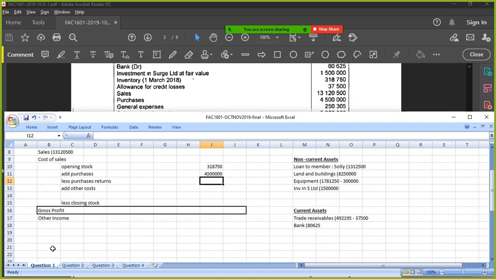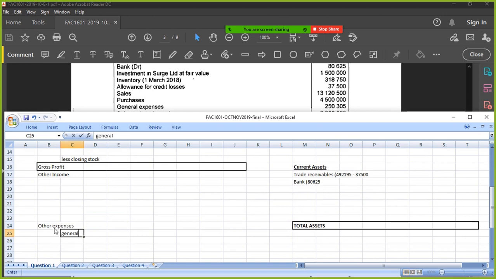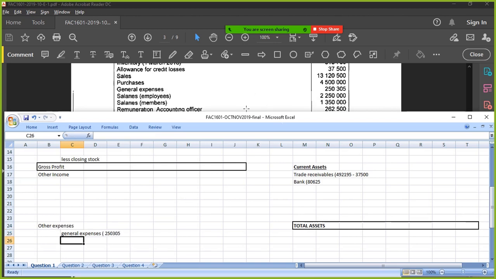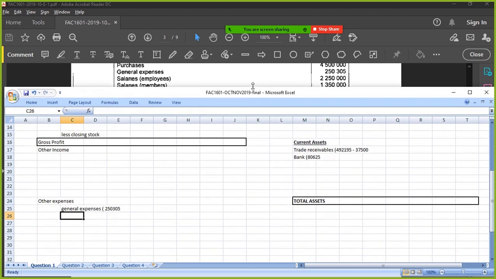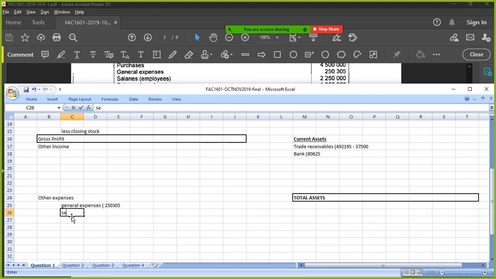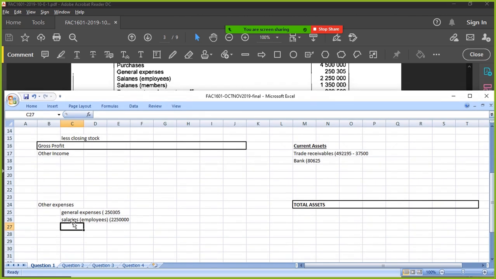Okay, general expenses. $250,305. Just double check the amounts that I am reading them correctly, so there aren't any errors. Okay, 1.35 million.